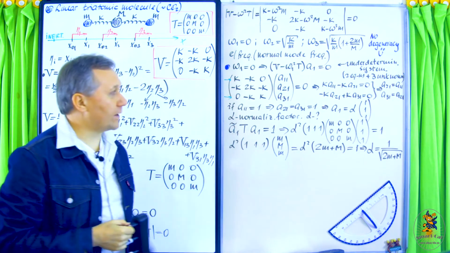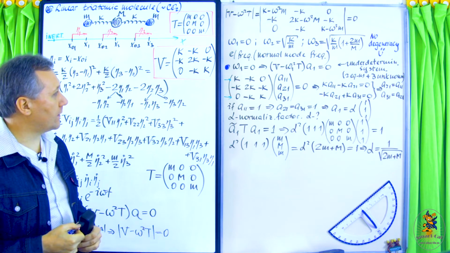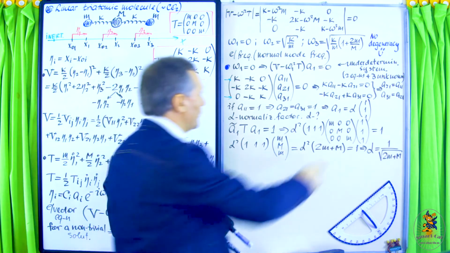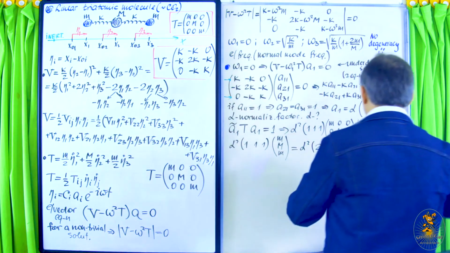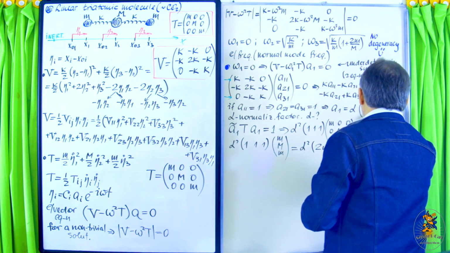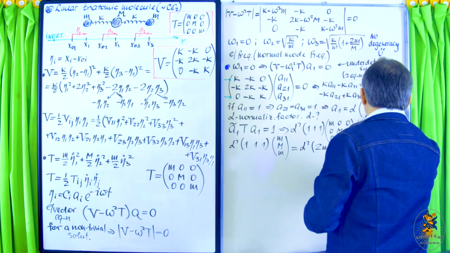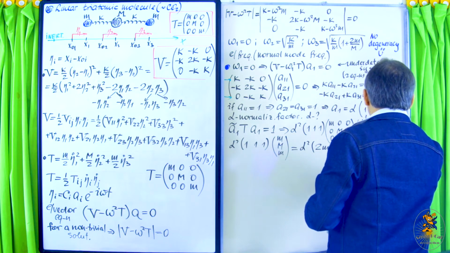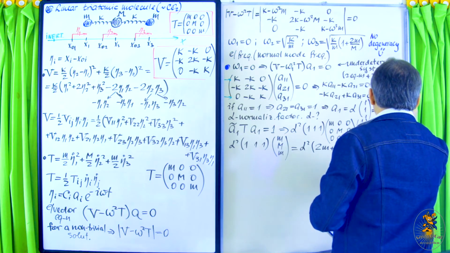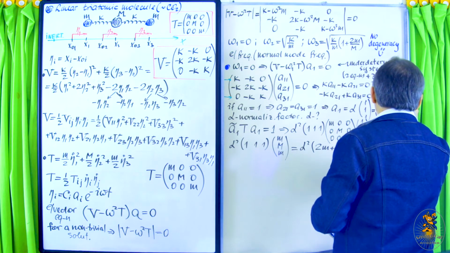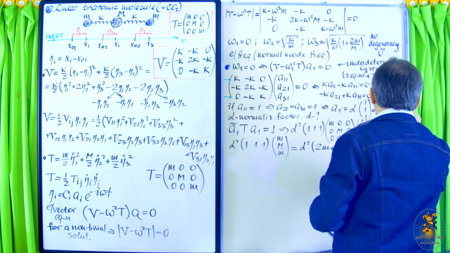Okay, so now let me finally write the form of the first eigenvector. You know what? Probably I will write it here. I think I will be able to squeeze it. To save space, 1 over the square root of 2m plus m capital and the column 1, 1, 1.